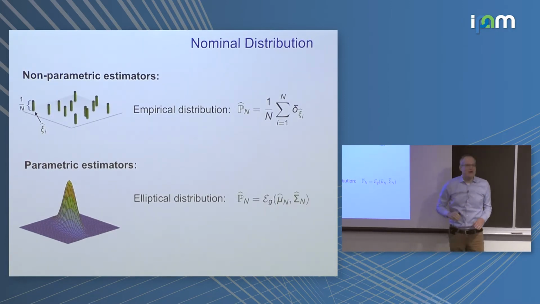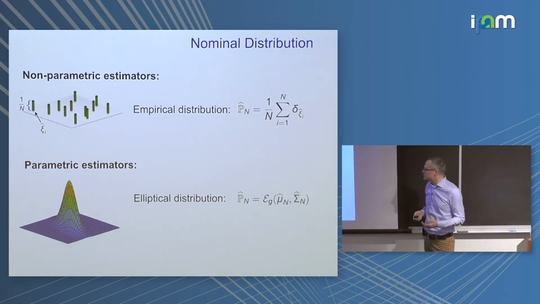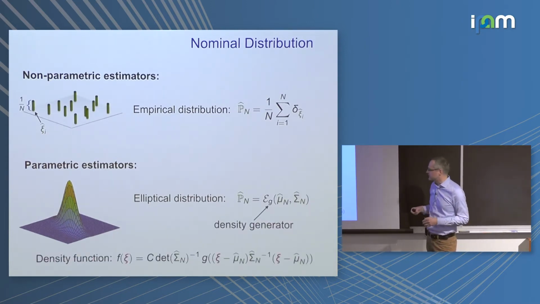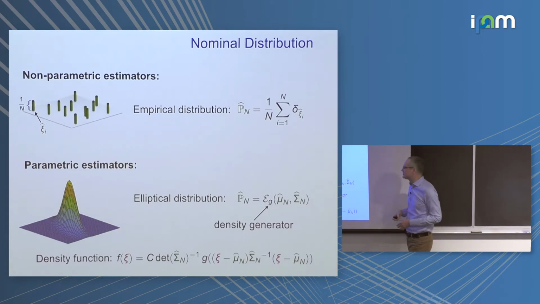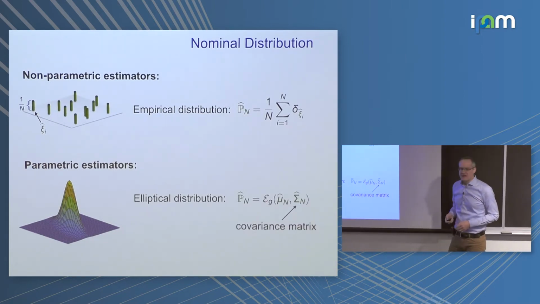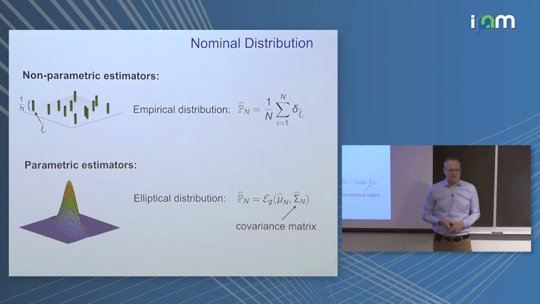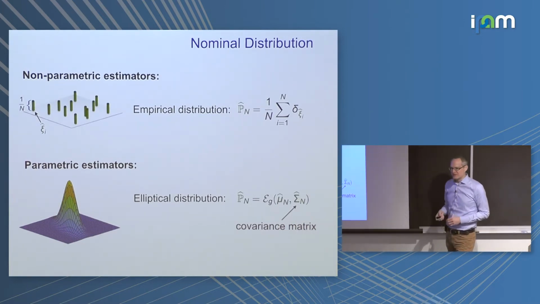On the other hand, if we do have some structural information, often it's convenient to work with elliptical distributions that correspond to some density generator G. And once this density generator is fixed, then the distribution is uniquely determined by its mean vector and its covariance matrix. And these are the only quantities that need to be estimated from the data, which can be done conveniently with maximum likelihood estimation, for example.